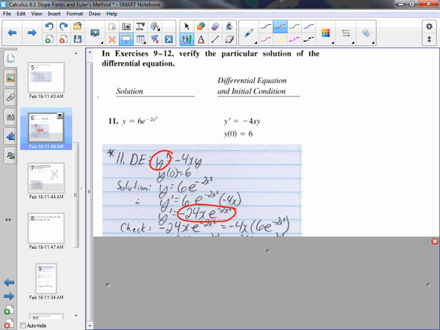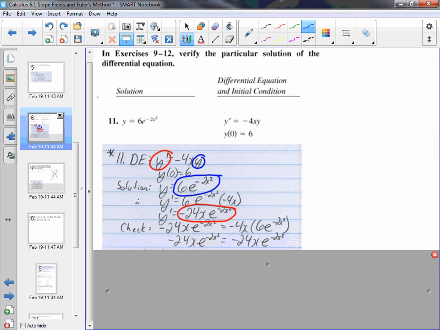On the right side, replace y with 6e to the negative 2x squared. Are the two sides equal? Yes.